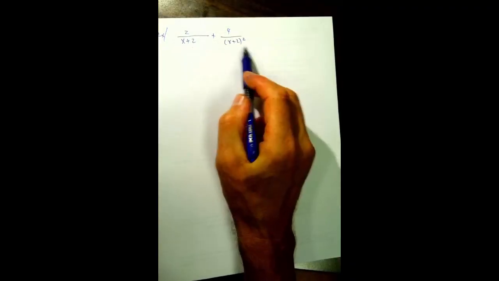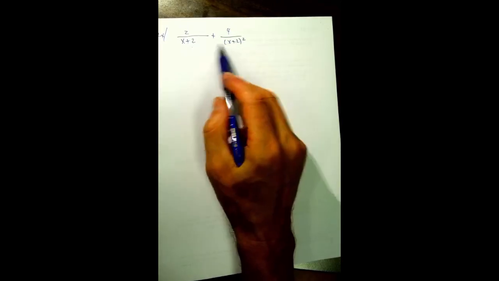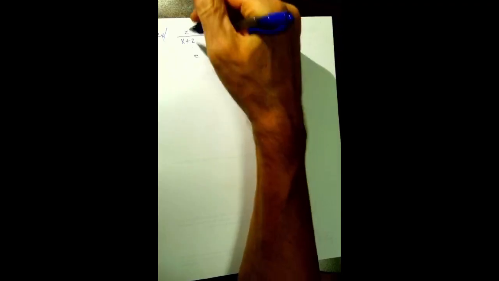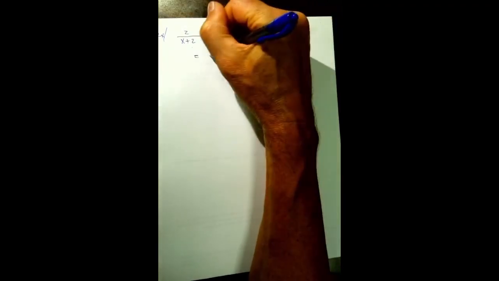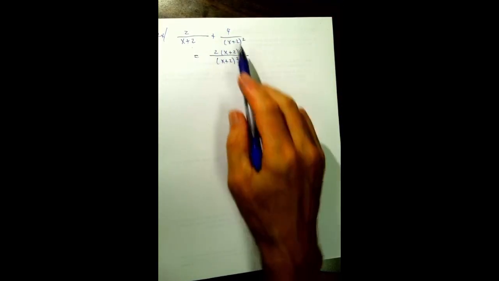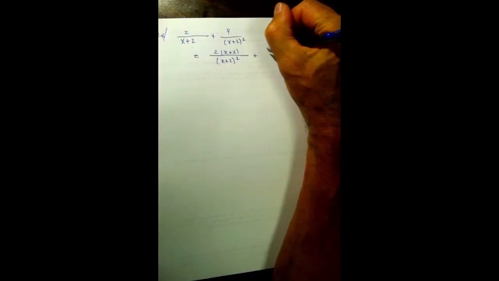Well, in this case, I could just multiply those two things together, but that's not really the easiest to use common denominator. The easiest to use common denominator is going to be x plus 2 squared. So here, if I take this left expression, multiply top and bottom by x plus 2 squared, notice now my denominator is the same as the other thing.